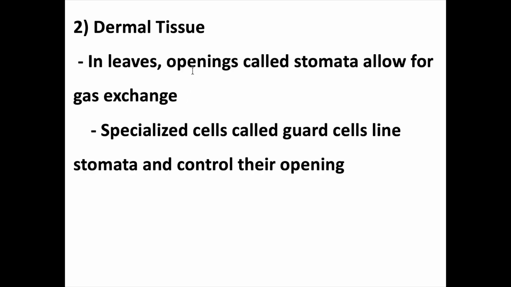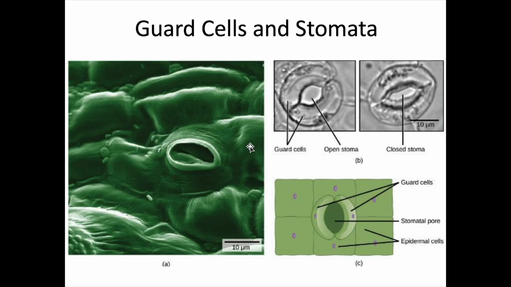Now, these openings are required, but they're also kind of a liability. You don't want too much stuff going in and out of the plant tissue. So there are specialized cells called guard cells. Sorry, I've been not showing the picture here. Yeah, these are the stomata, also known as stoma. I prefer the word stomata, but some of the figures say stoma.